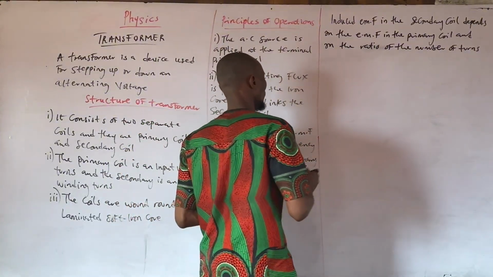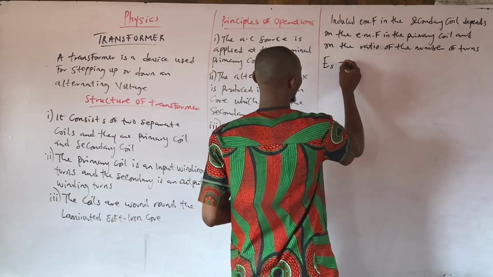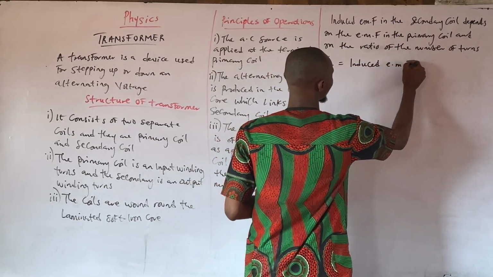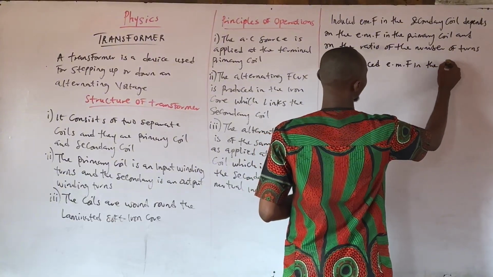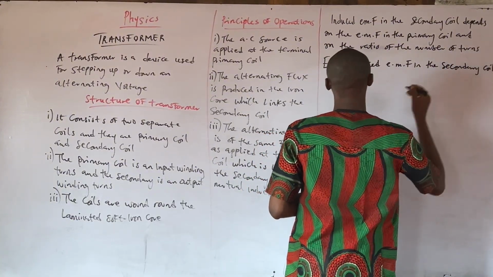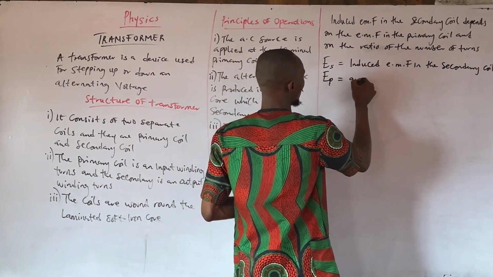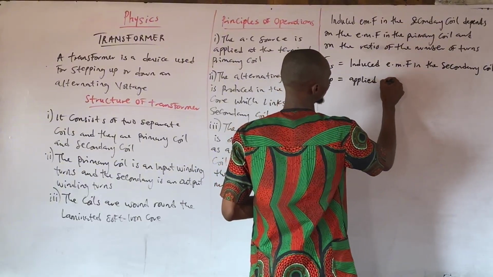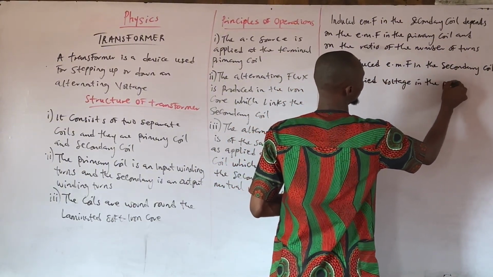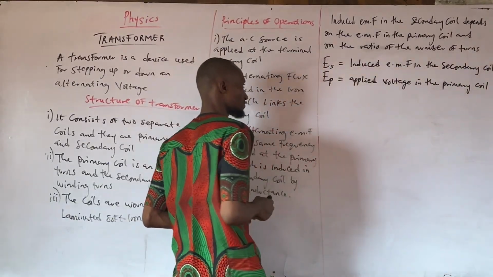Now here, let's talk about the terms in a transformer. We have Es, E subscript S. This is called the induced EMF in the secondary coil. Ep is the applied voltage in the primary coil. Are you there?